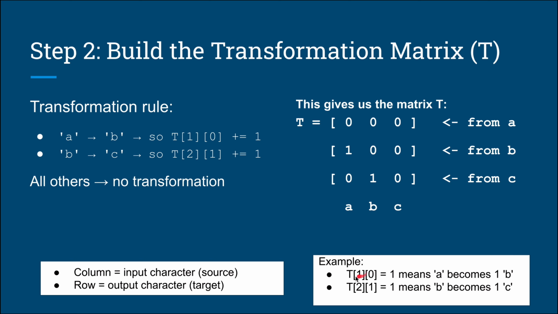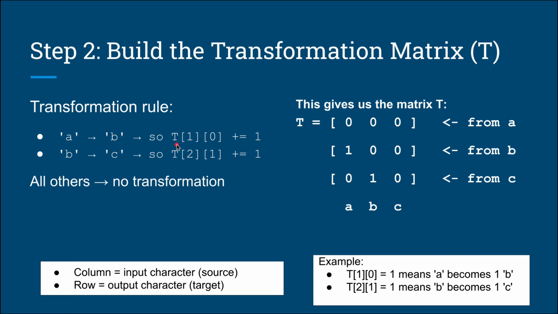Because at 1 0 means 1, a becomes b, right? And at 2 1 means 1, b becomes c. Like this we'll do. You understand, right? What we are doing?